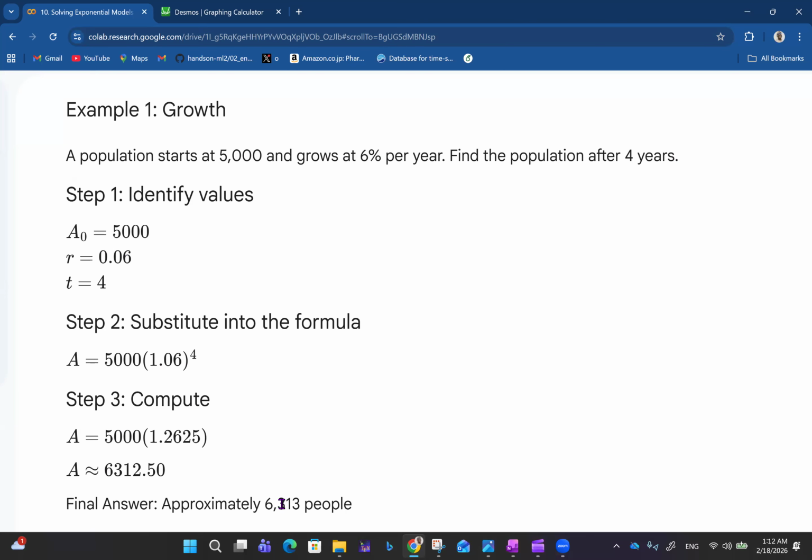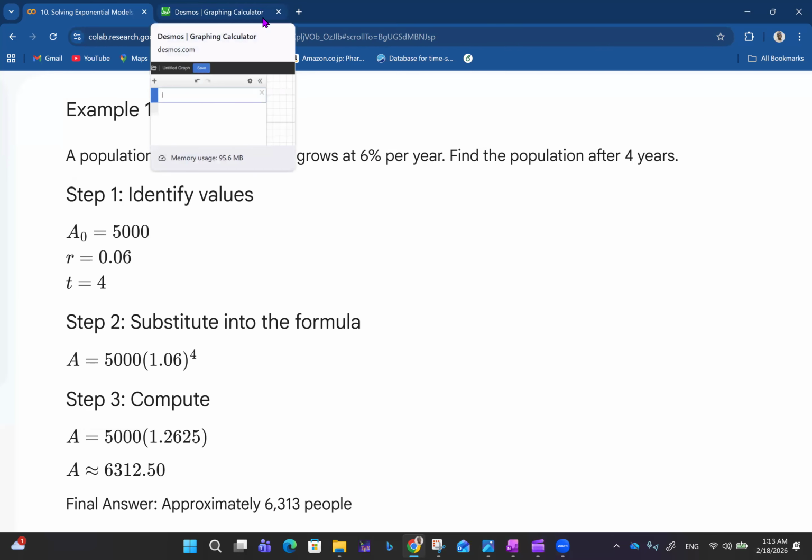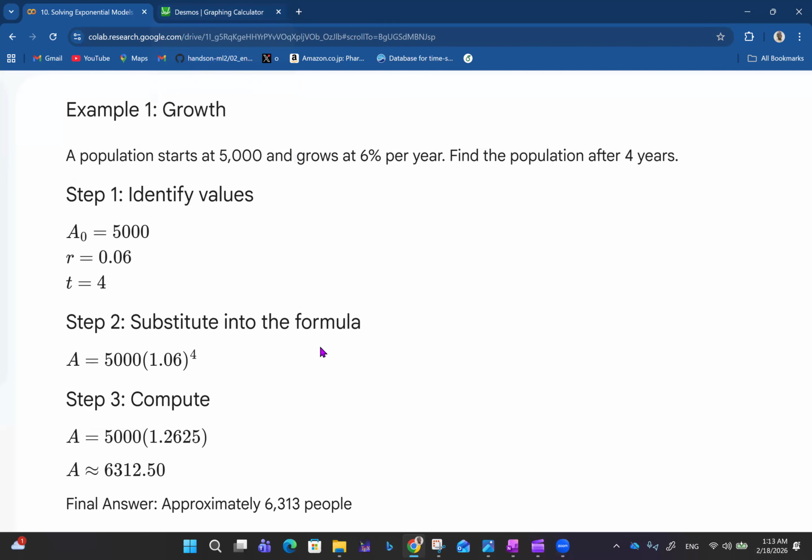The final answer is approximately, of course, you cannot have half human beings, so to speak. So if you are talking about population, you have approximately 6,313 people after 4 years if the population is growing at this particular rate. And for some countries where the population is dwindling, we have the idea of decay. But before I go to that, I want to use decimals to compute this.